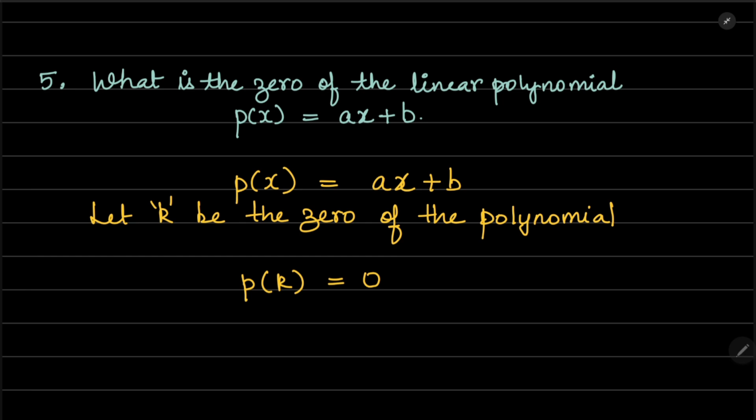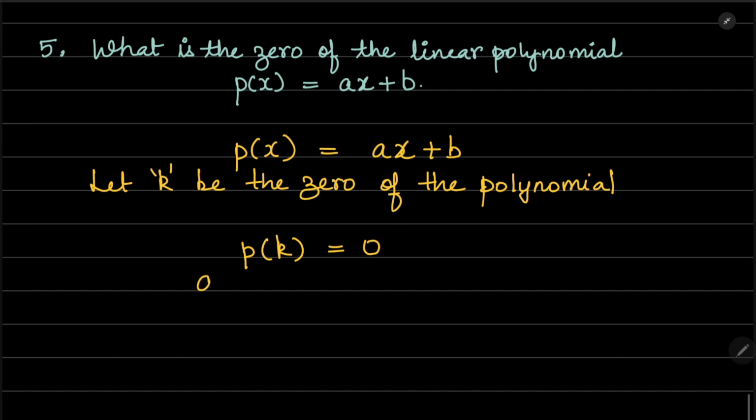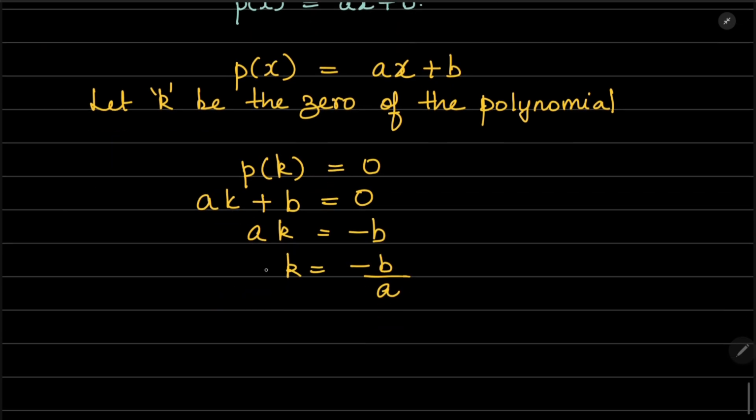Obviously, if k is the 0, then P of k, that is the value of the polynomial at x equal to k, will be 0. So what happens? In place of x, just substitute it with k. So ak plus b equal to 0, and ak equal to minus b, and then k equal to minus b by a. Therefore, what is the value of k?